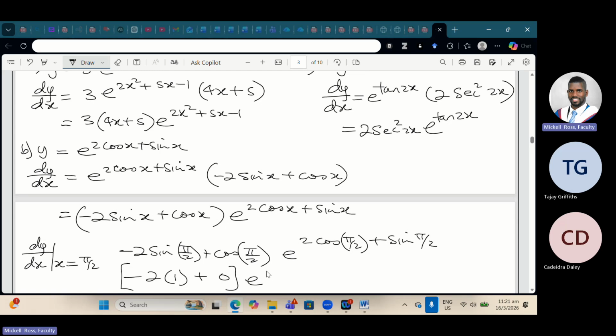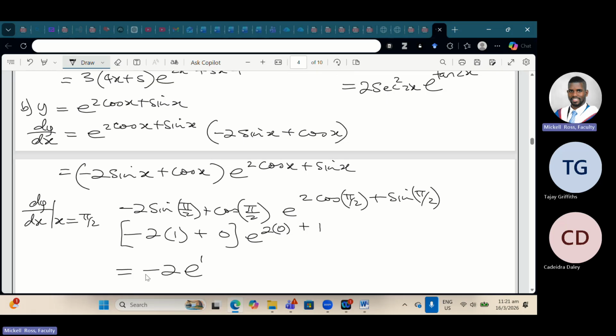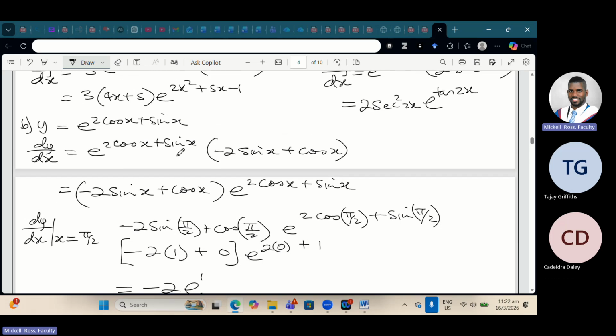So this is going to be negative 2 e to the 1, which means that the gradient is just going to be negative 2e. All right. So that's going to be your gradient, negative 2e.